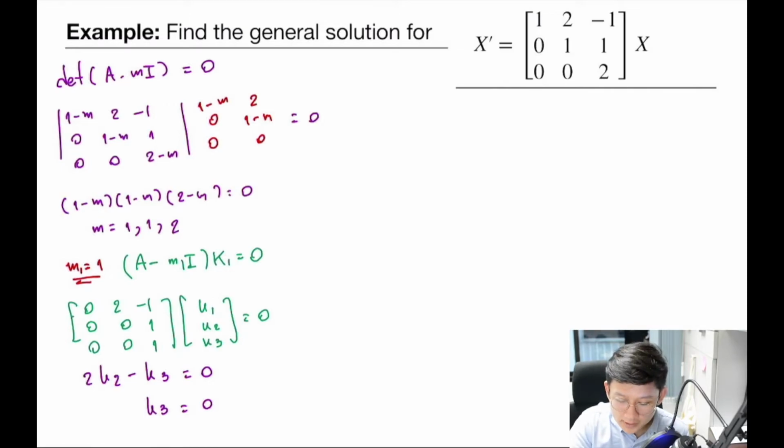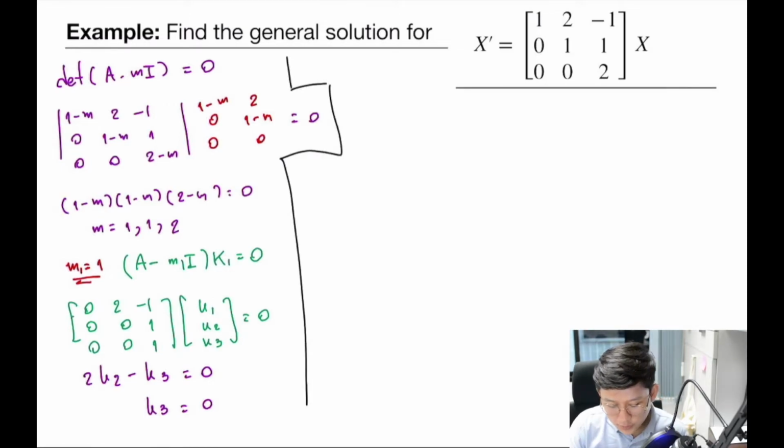As you can see, you don't have k1 anywhere in these equations. It means that k1 can be anything. It can be any number, because you have no k1 in the equation. It means that you don't have a condition for k1, so k1 can be anything you like.